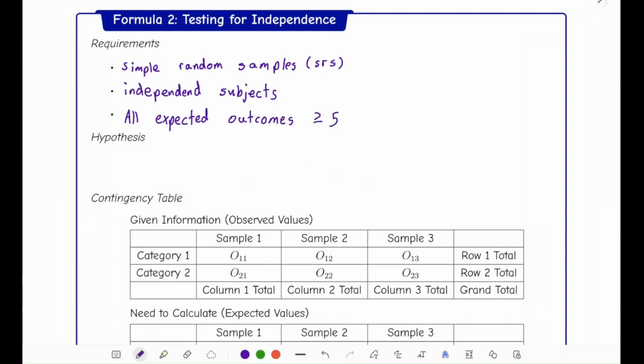So far it looks very much like the test for homogeneity. The main difference is that now, instead of saying the proportions are all equal to each other, the null hypothesis is that the two categorical variables are independent.